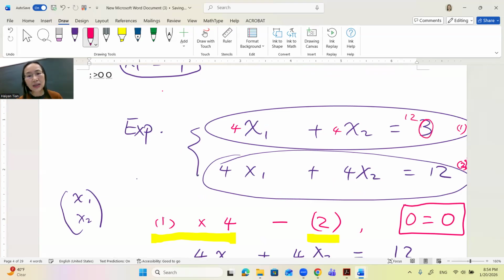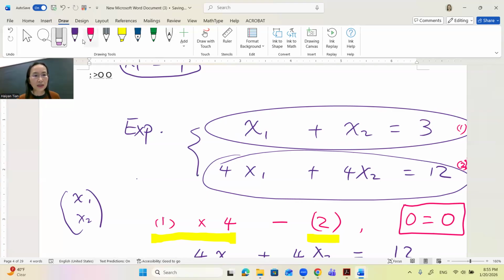So you see, the first equation is the same as the second equation. That means they both represent the same line. So we can convert the first equation into the second equation.